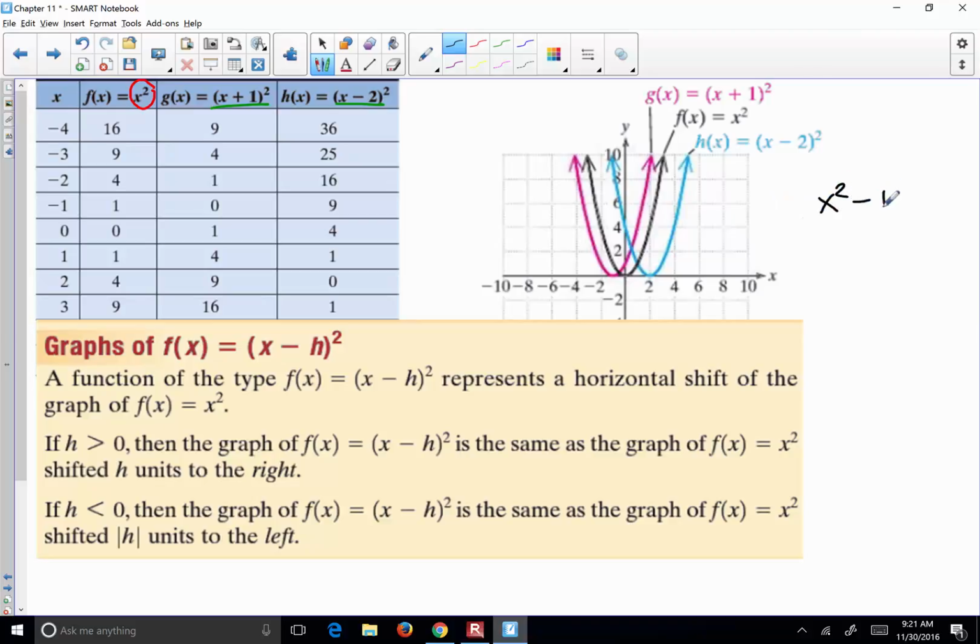X squared minus 1 versus x minus 1 squared. Do you see the difference? If you don't see a difference, then you're in trouble. If the number is added or subtracted inside under the square, it's going to make what kind of shift?